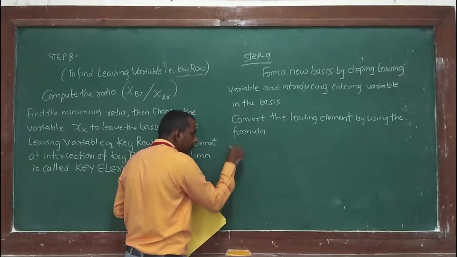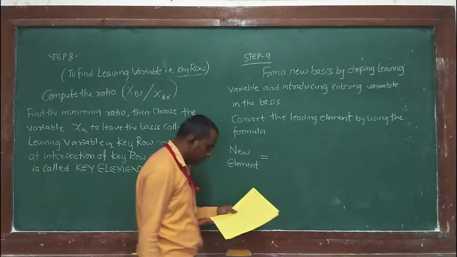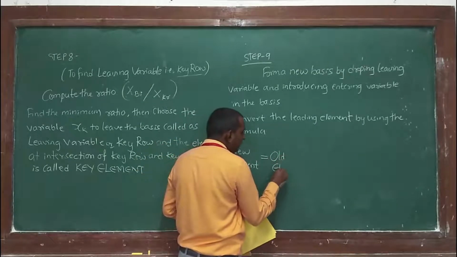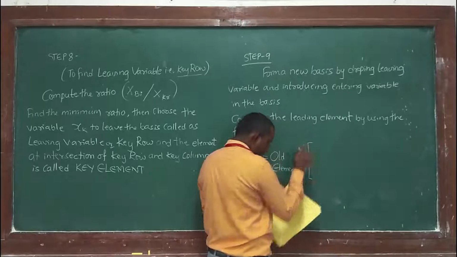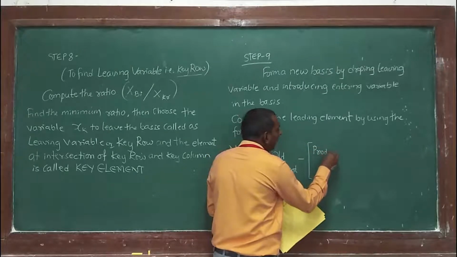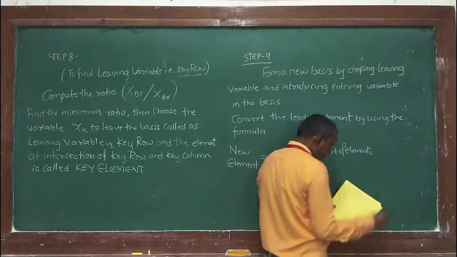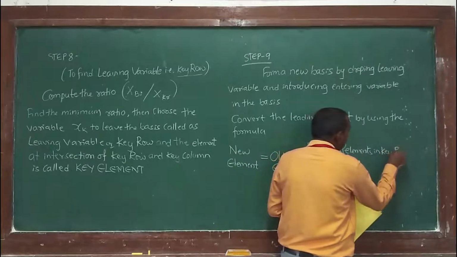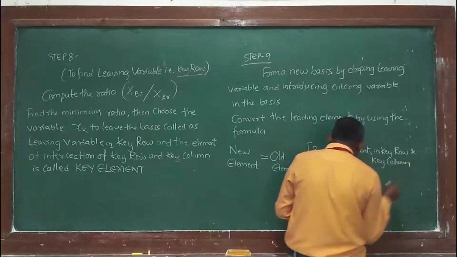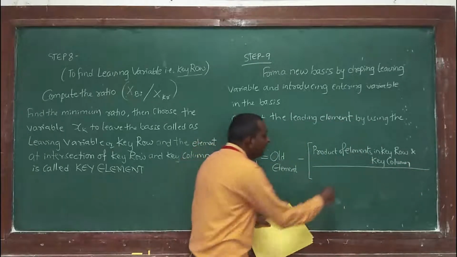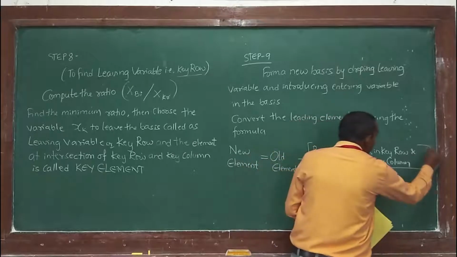That is, new element is equal to old element minus product of elements in key row and key column divided by key element. Divided by key element. Fine.